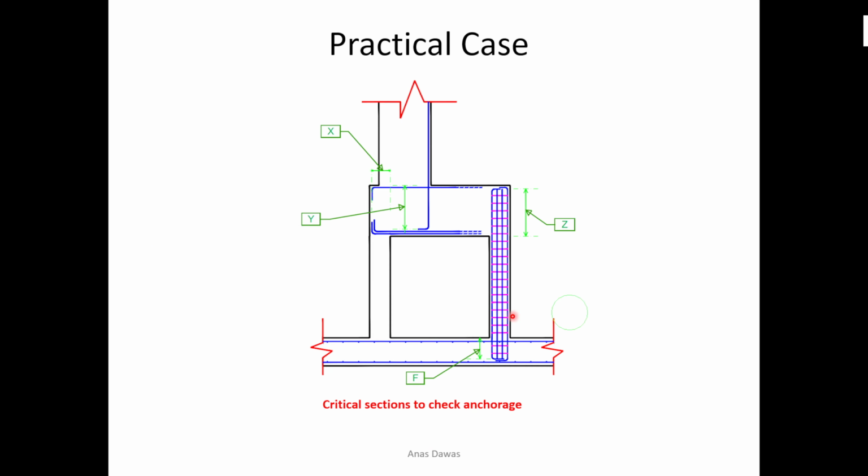First of all, we will check anchorage requirements at X. At X, I am talking here about the top reinforcement. Here you can see I have also some bottom reinforcement, but I will not talk about it.